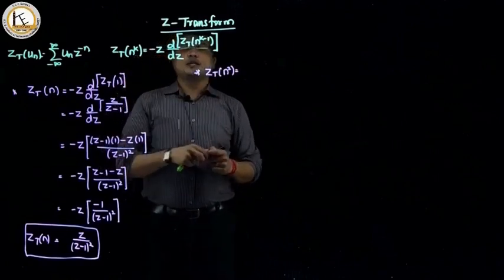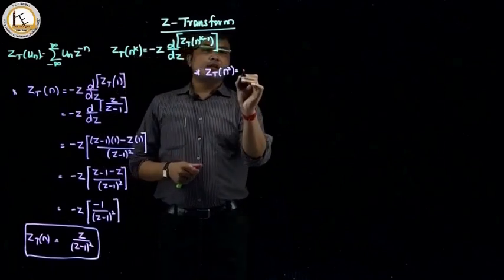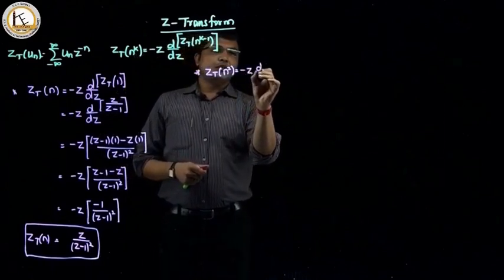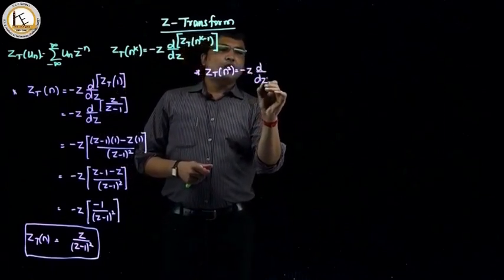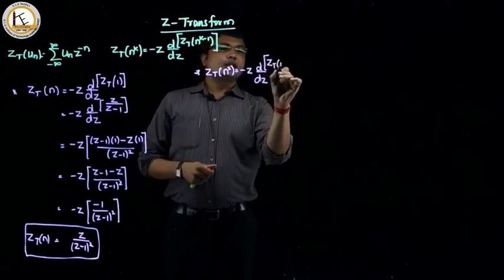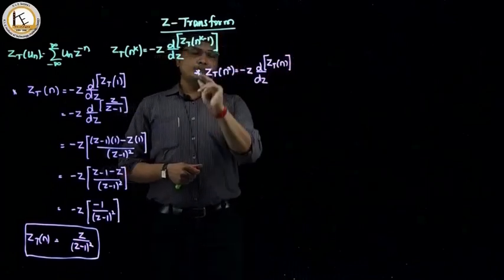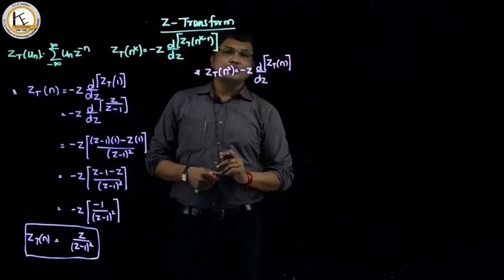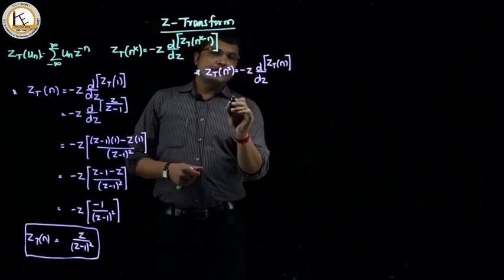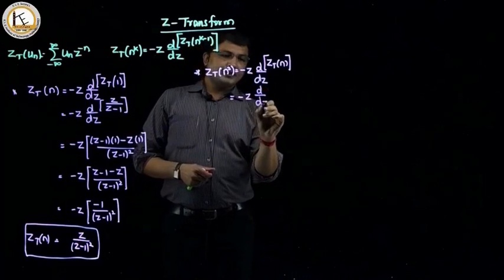So again we compare this n square with this n raised to k, and obviously we know that k value is 2 here. Therefore substituting k equal to 2 in this formula, we have minus Z into d by dz of Z transform of n, because k is 2, 2 minus 1 will be 1, therefore remaining is n raised to 1.